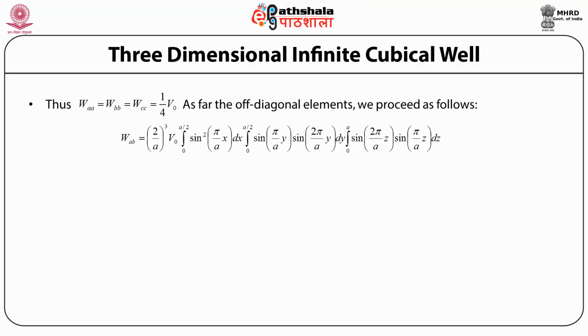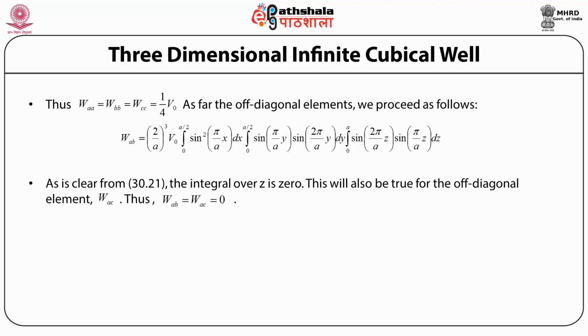As for the off-diagonal elements, we proceed as follows. WAB is equal to 2 by a whole cube V0 times the integration from 0 to a by 2 for x of sine square pi by a into x dx, times the integration from 0 to a by 2 of sine pi by a into y into sine 2 pi by a into y dy, and for z, 0 to a of sine 2 pi by a into z into sine pi by a into z dz.